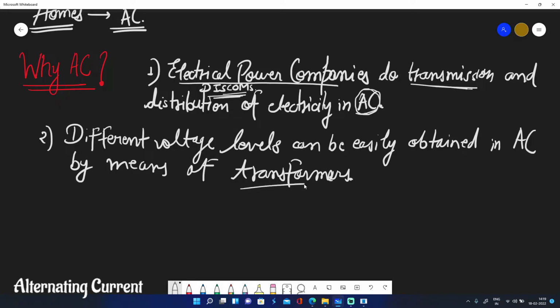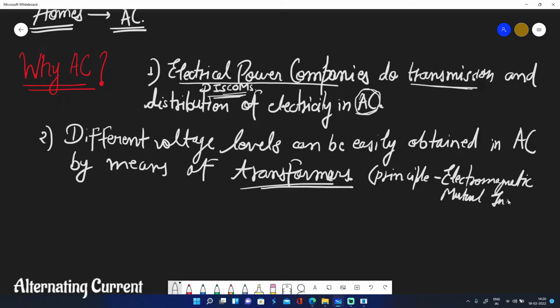These are devices whose working principle is electromagnetic mutual induction.